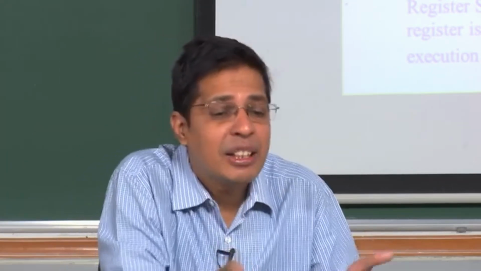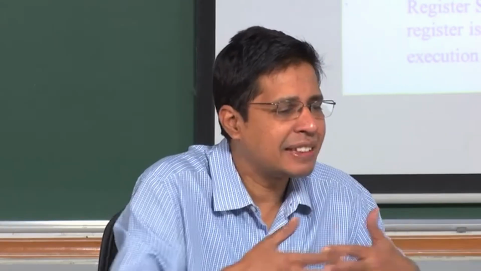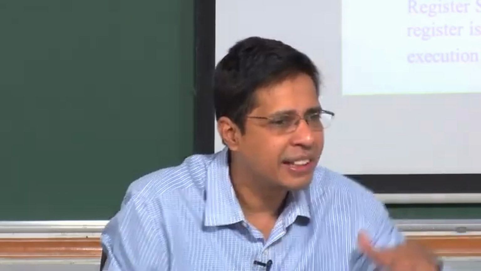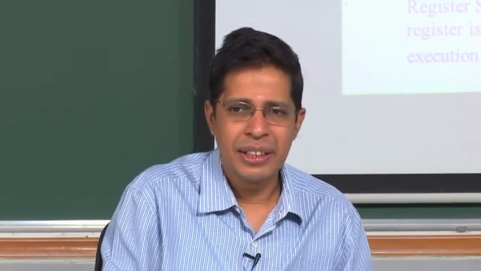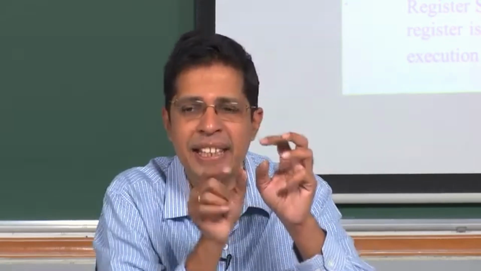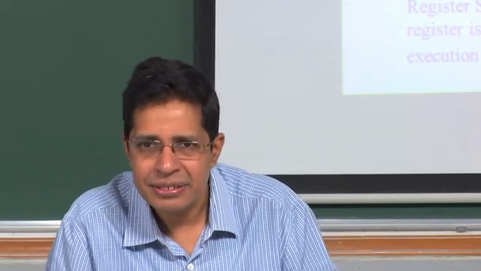If it is currently getting computed by some unit, for example, I just add R4, R2, R3 and that add is executing in execution unit 3, then in the entry corresponding to R4, I will have the value 3.